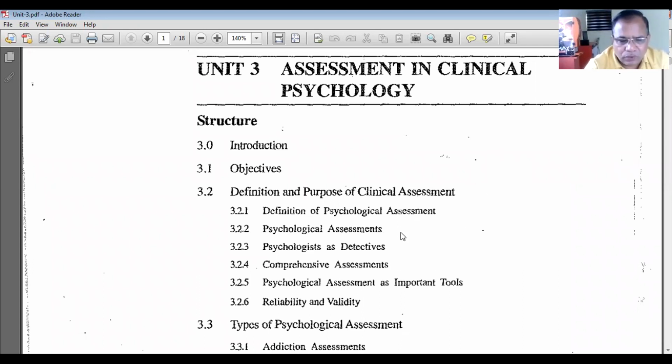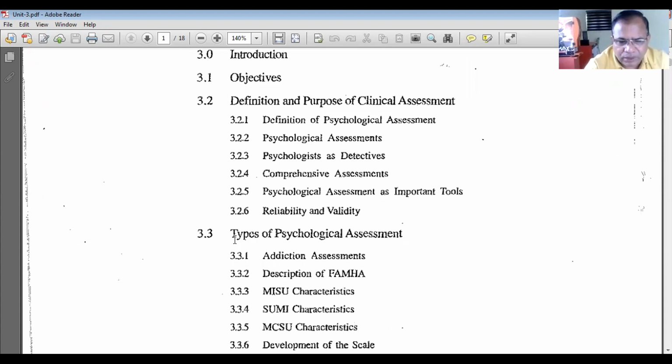Now, another important head is types of psychological assessment. Here, types of psychological assessment are given from the point of view of clinical psychology, means from the point of view of assessment of disorder.